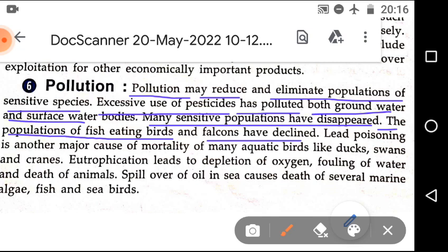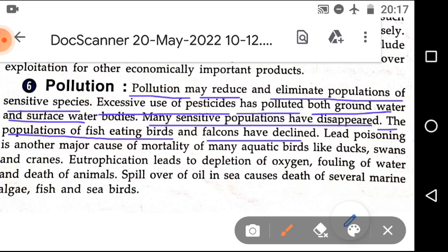I have said in the water pollution that the birds lay fragile eggs, and due to eating too much of the fish which are affected with that particular pesticide, this leads to a decline in the population of those marine birds.